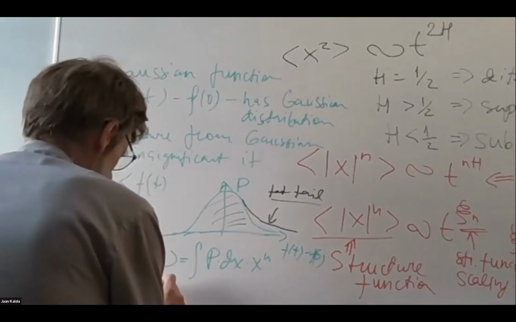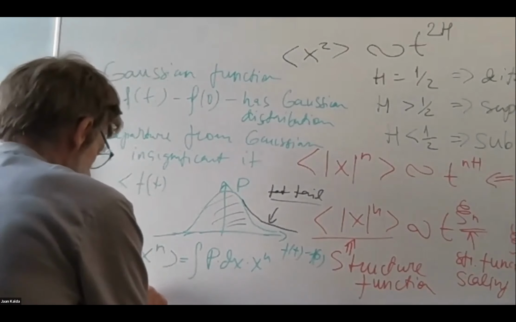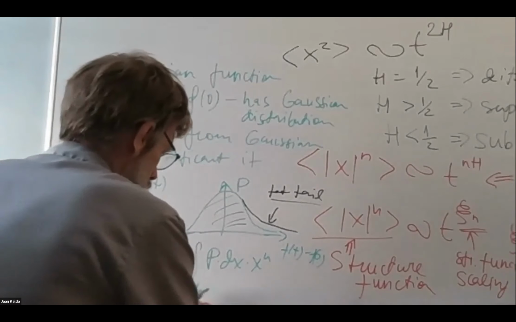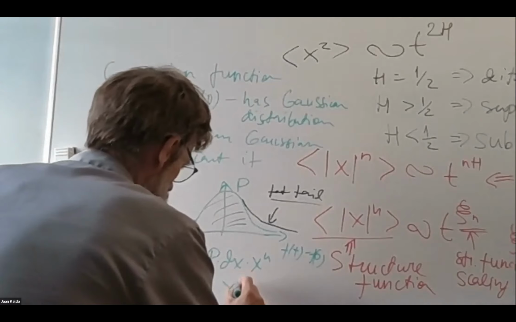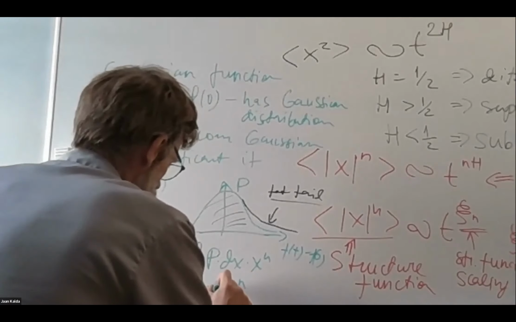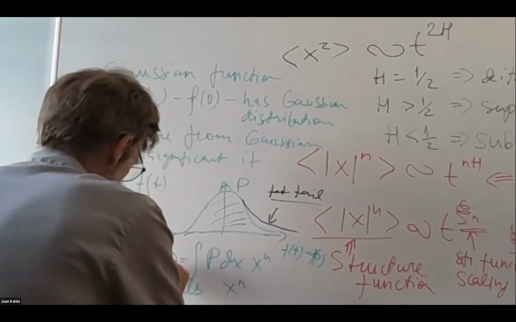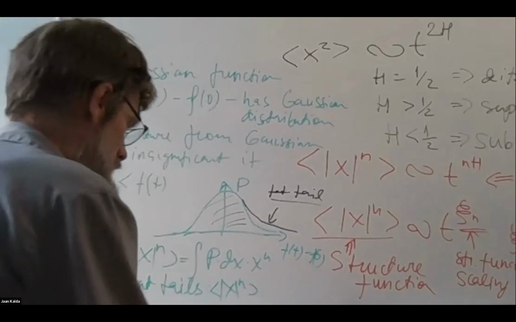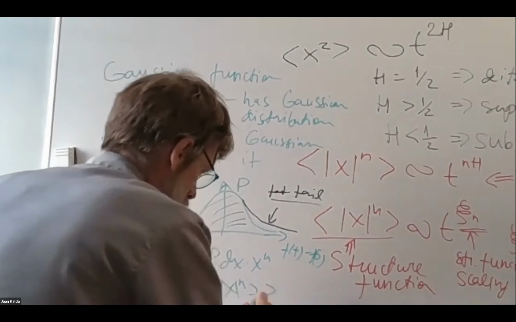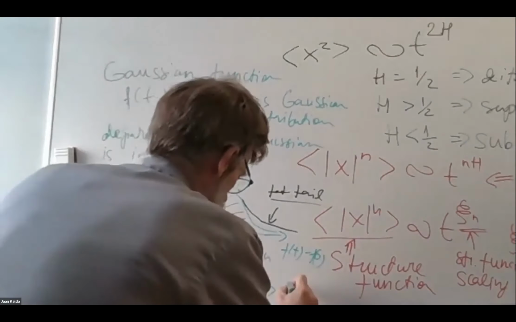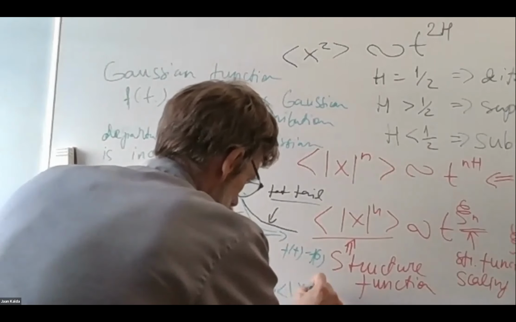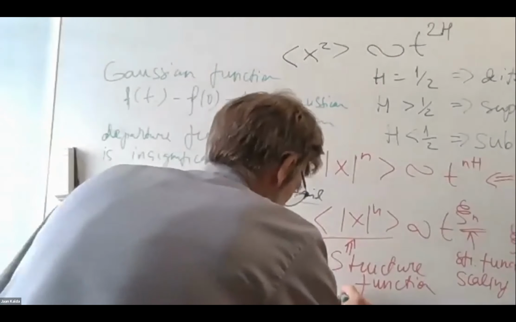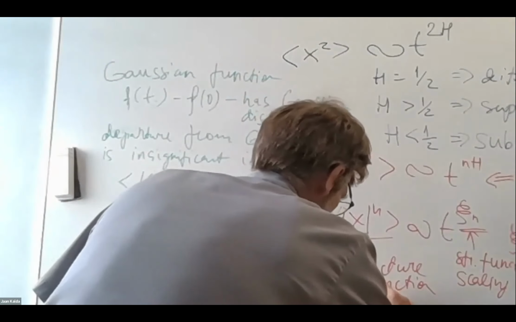So as a result, with fat tails, x to the power of n, put the modulus here as well, can be much bigger than the modulus of x to the power of n for big x.